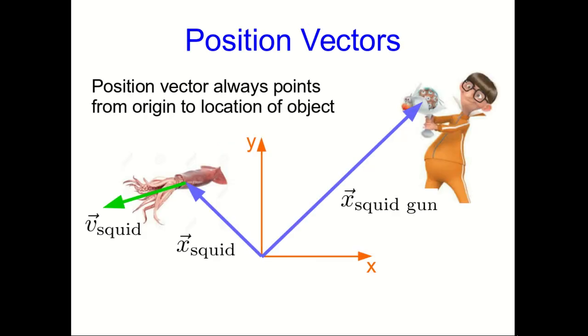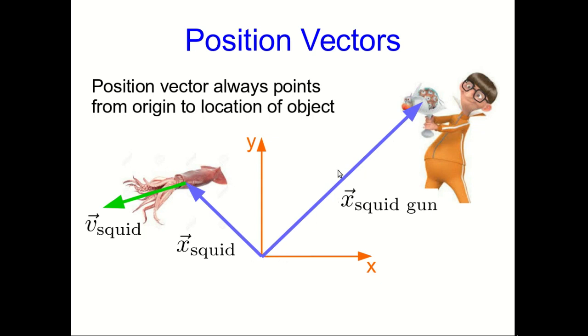Here is the supervillain vector showing us some vectors. The point here is to look at position vectors. I've drawn position vectors for his squid gun and for the squid that he's just fired from it. A position vector, as I've shown, always points from the origin to the location of the object, just like these two position vectors.